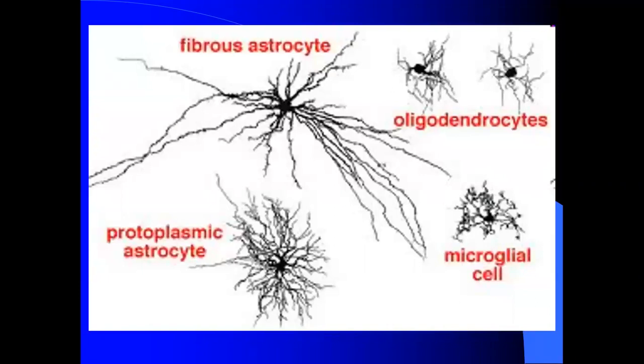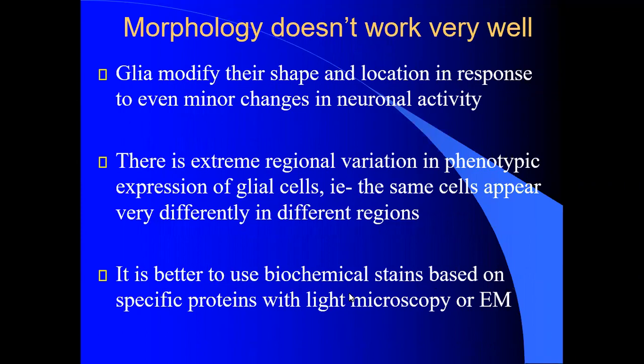All right, let's look at some pictures. So we see a couple of astrocytes here, two different types, the fibrous astrocyte and the protoplasmic astrocyte. There's the oligo and there's the microglia. Now, morphology is not a good way of identifying glial cells.